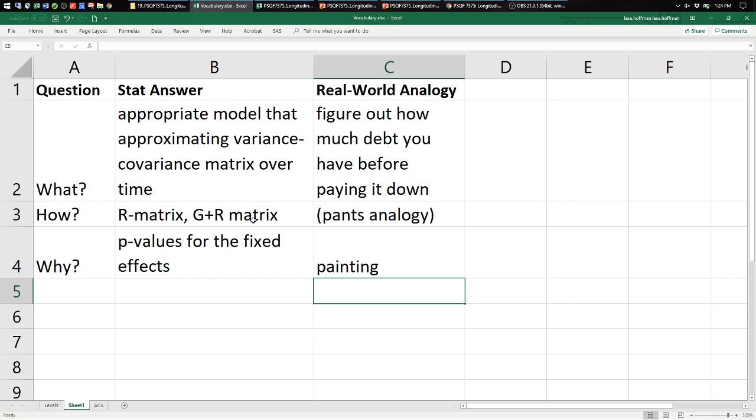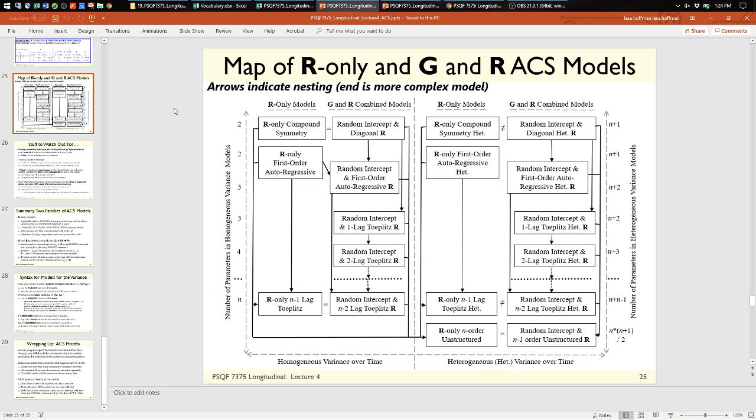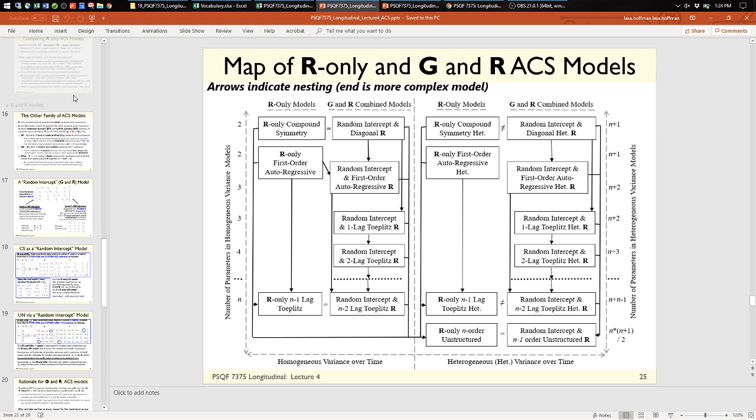So, big picture. Trying to find a pattern so that the model represents the pattern of variance and covariance as accurately but parsimoniously as possible. So then we trust it when we go and add fixed effects later. The patterns that we looked at before are matrix-only patterns.